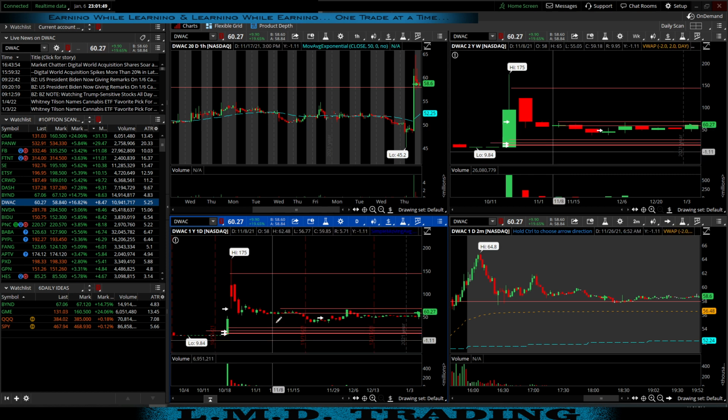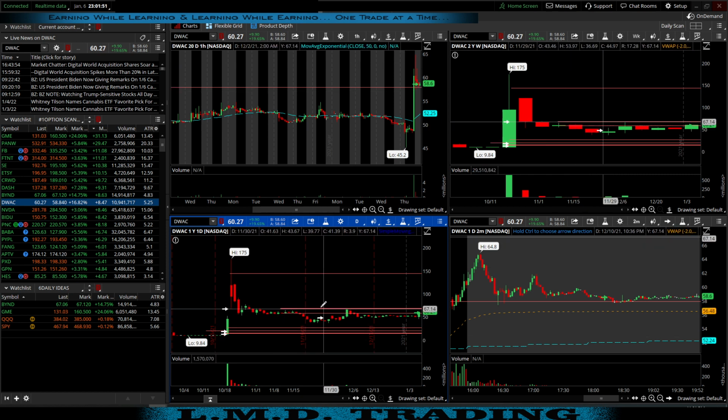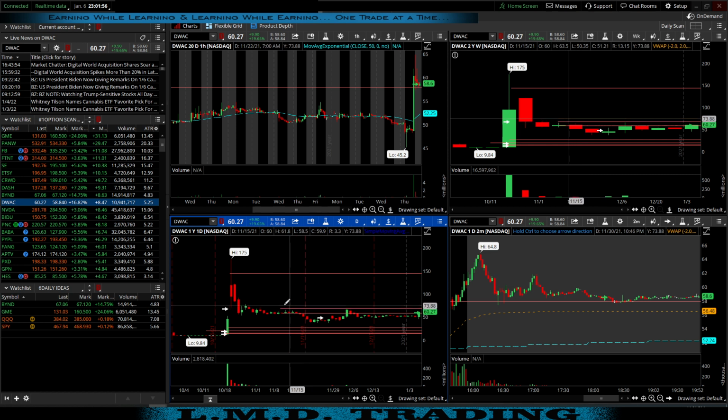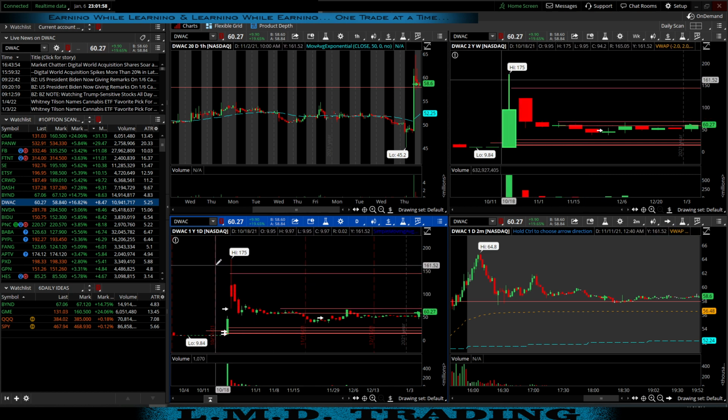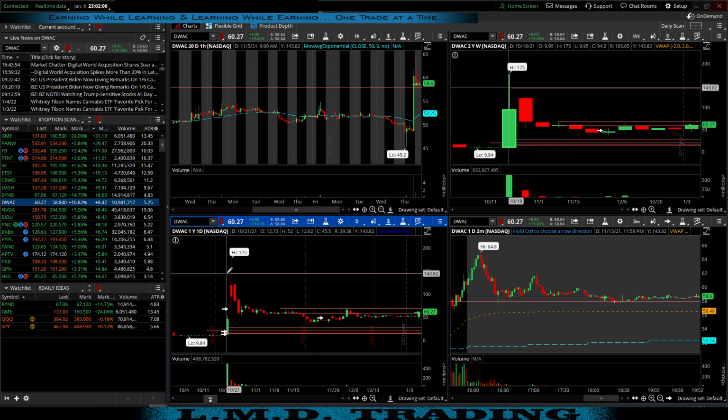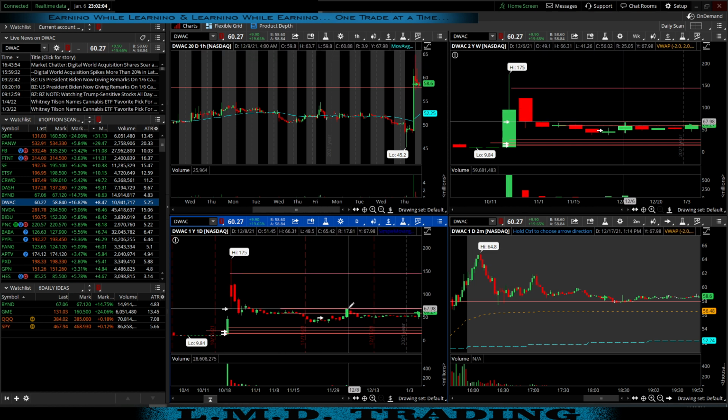That's another area of resistance. If this stock gets above both of those, DWAC might be on a tear heading back up again, if it can get over this right here.